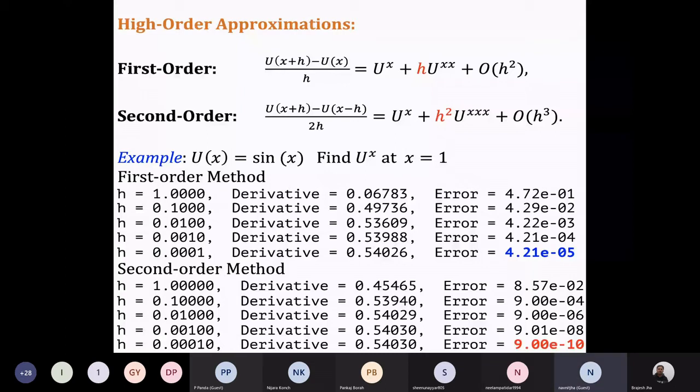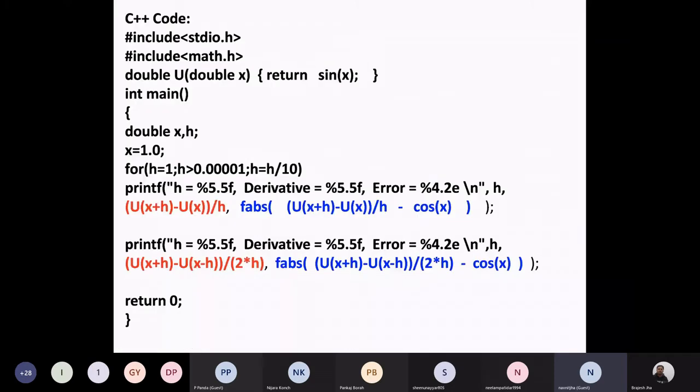The same is for hyperbolic also. Next, I have just kept a code, just 2 lines of code here, printing u of x plus h minus u of x by h, and the absolute difference of this approximation and cos x, which is the exact derivative. So you can also code them to visualize this.